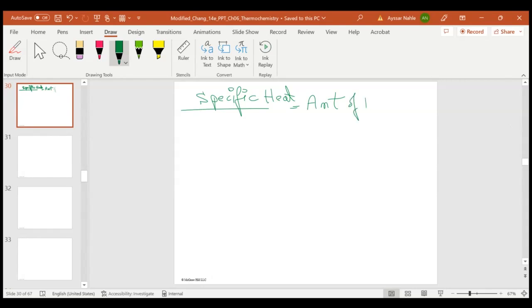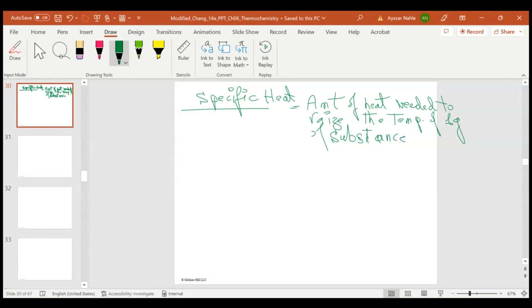Amount of heat or amount of energy that is needed to raise the temperature of 1 gram of a substance by 1 degree Celsius, okay?